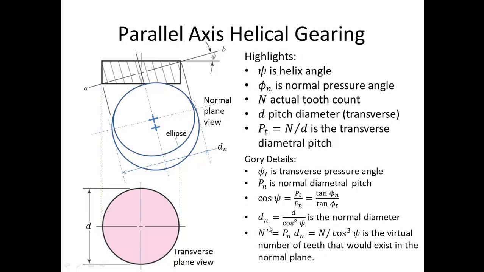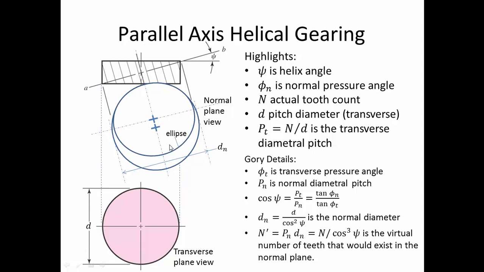We're getting into the weeds here a little bit, but there are different ways of looking at the diameter in a normal plane view, where you would think in that view the teeth would look straight.